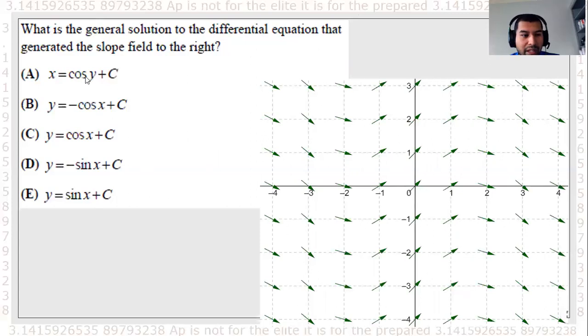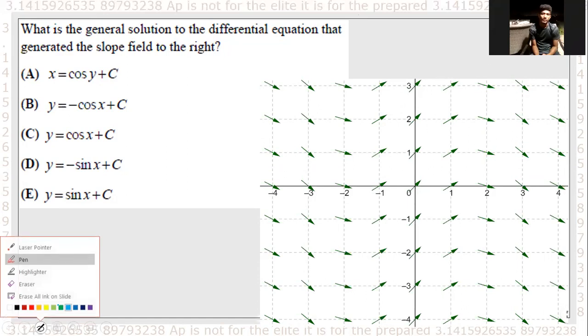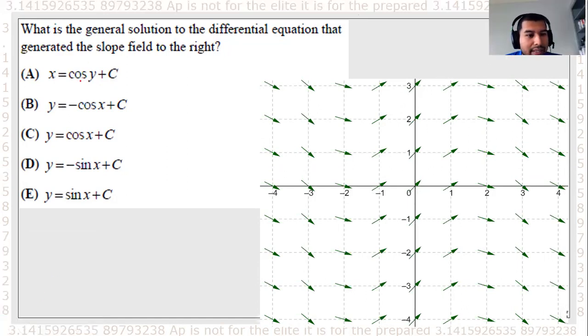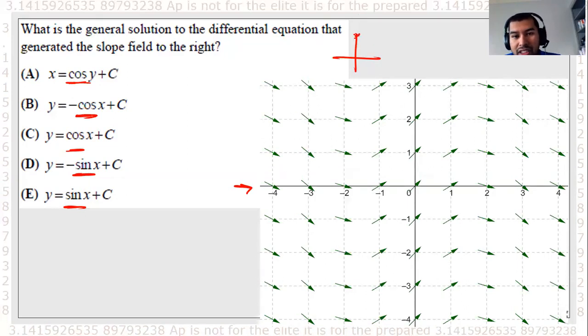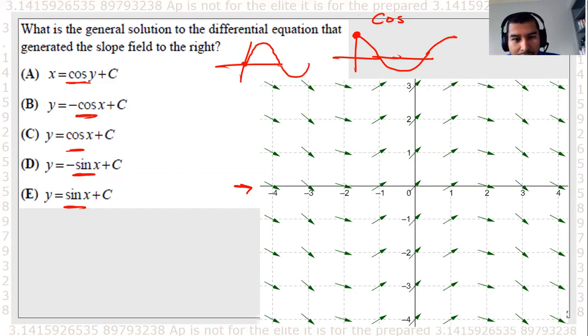So what I like to do, especially when they're trig functions, guys, is check what's happening right here, because keep in mind, if you have a function that starts at its maximum, what does that remind you, sine or cosine? Cosine, right? And when we have a function that starts in the midline, hopefully we still remember pre-cal, this is sine.